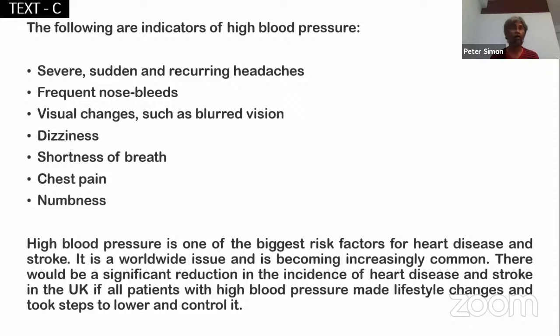Dizziness. Blurred vision. All these things. So these are what? Symptoms of a problem. You are having a problem. That's why you have shortness of breath. If there is dizziness, that means there is some problem.